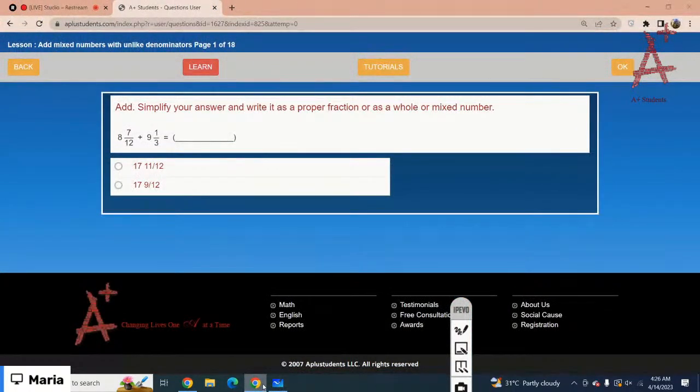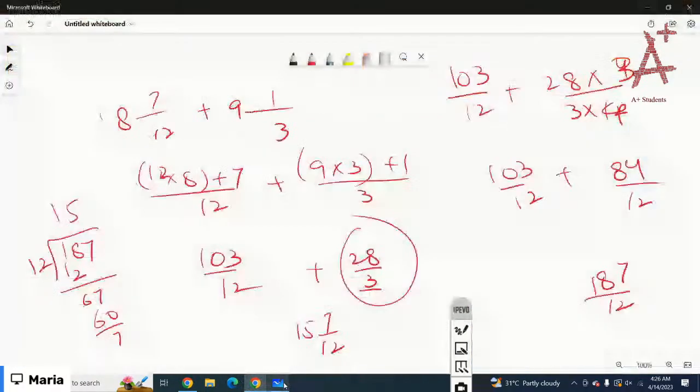Okay, let me just check. Let me just do the calculations on the calculator. 12 times 8 is 96, and 96 plus 7 is 103 over 12. 9 times 3 is 27 and 1 is 28 over 3.